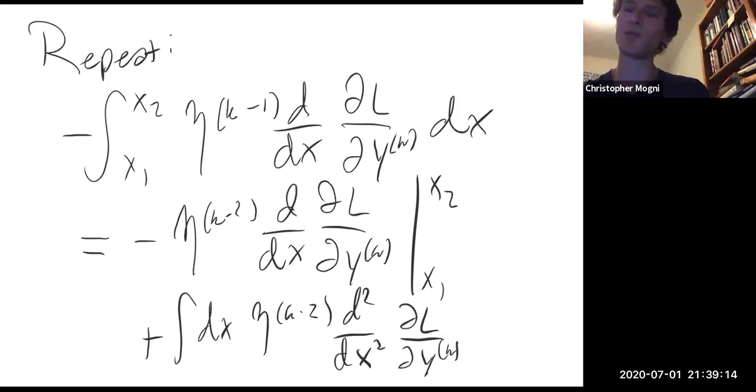Cool. So as you see, what's happening is as we keep doing this integration by parts, we keep losing derivatives on eta. As we keep doing it, we keep flipping the sign in front of the term that's left over.